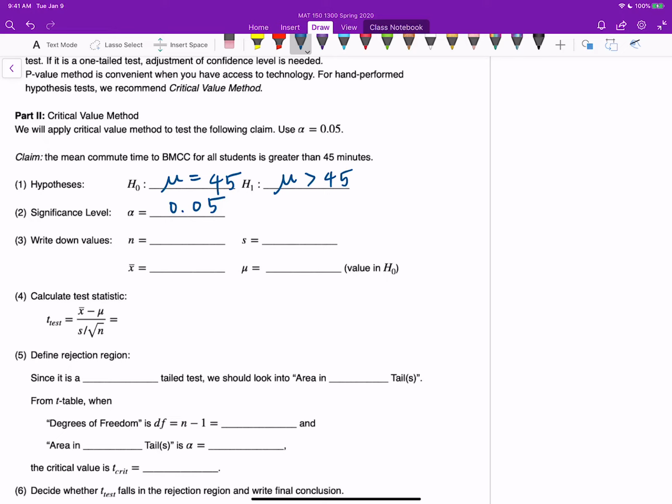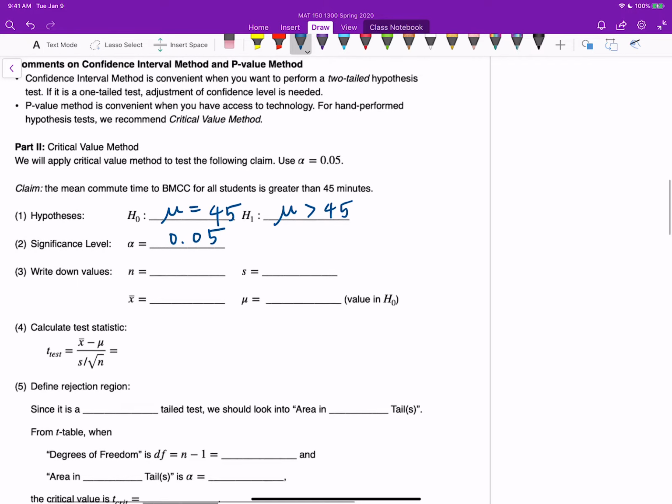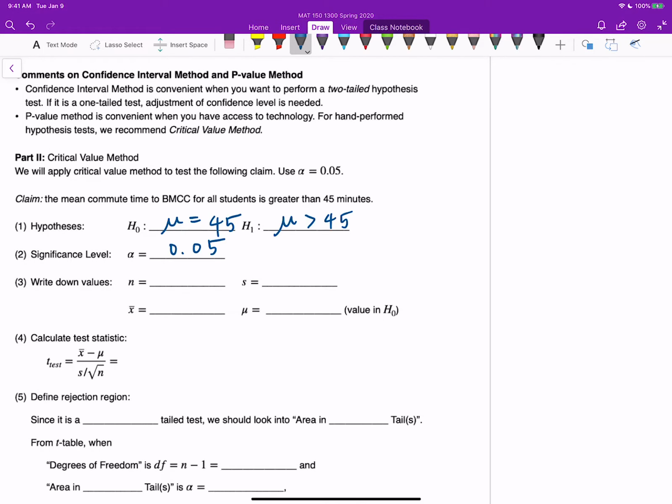Next, we're going to write down these values to prepare for the computation of the test statistic. Sample size n: in this case, we have 15 students, so n is 15. Sample standard deviation for the commute time. Let me look at what it was.